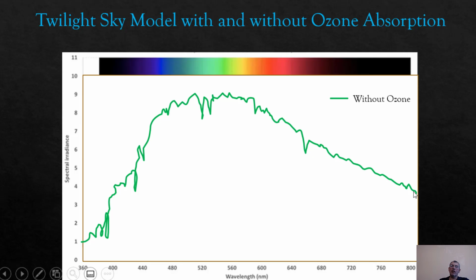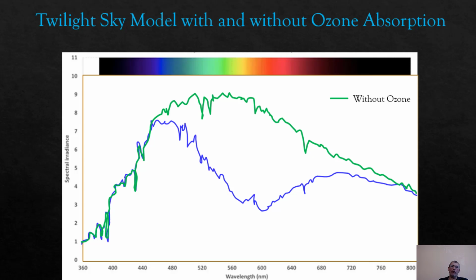Now let's say this is without the ozone, meaning we are above the ozone layer, outside the atmosphere. Okay, now we are on the ground, I mean on Earth, and we are receiving that sunlight.